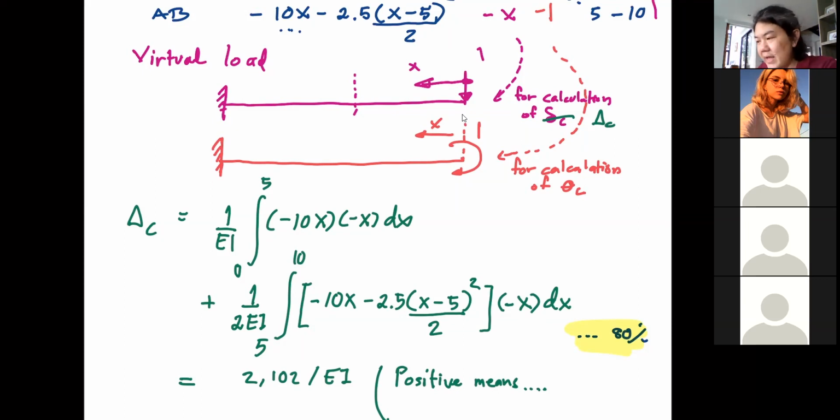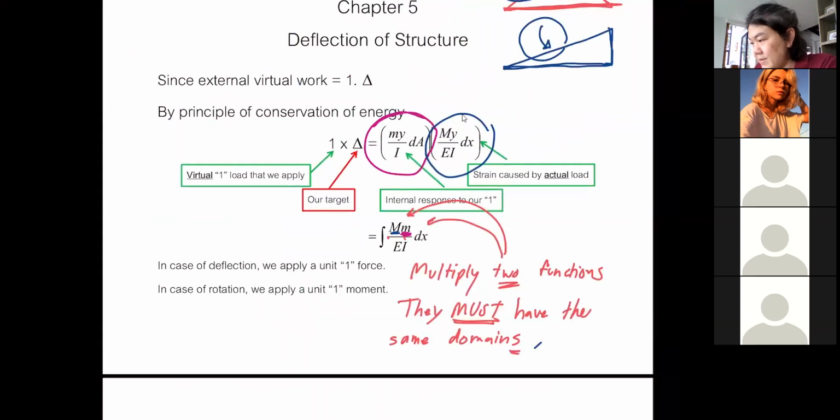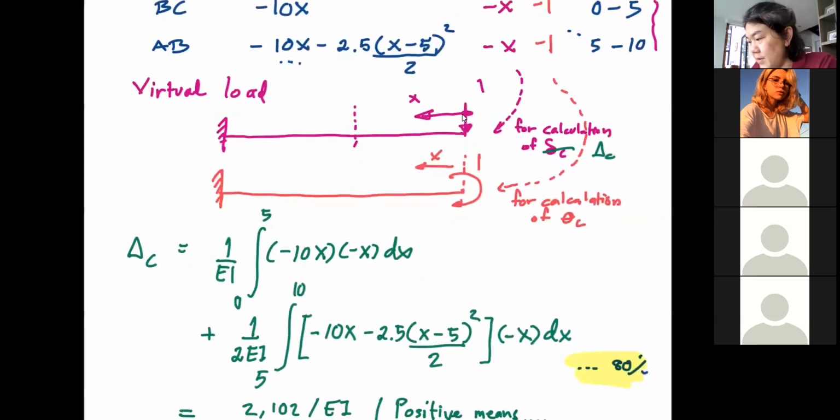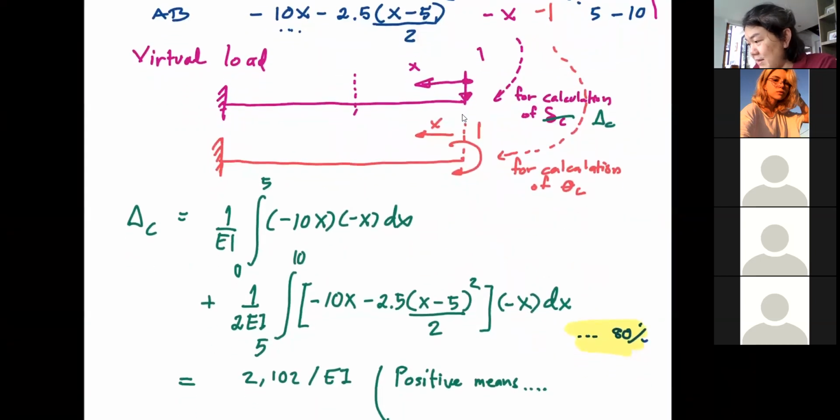Remember that the result here, if you go back to the class note, that's the work of your unit load. So if your work is positive, it means everything goes in the same direction.